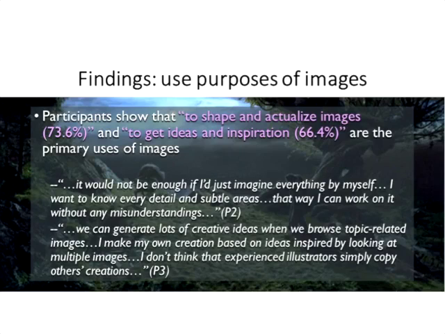So let's talk about the findings. Participants answered that to shape and actualize images and to get ideas and inspiration are the primary uses of images. Actualization of images and getting inspiration may sound similar, but they are differentiated by their ultimate goals.